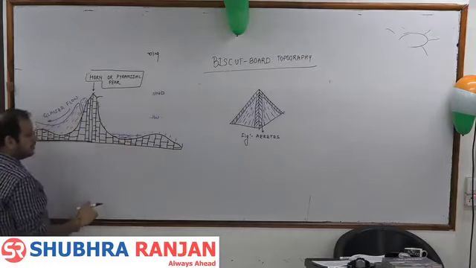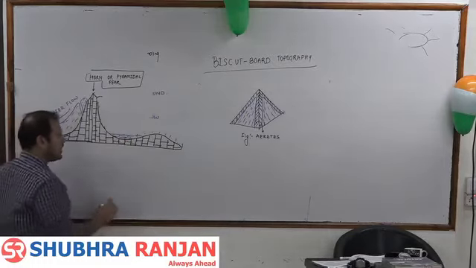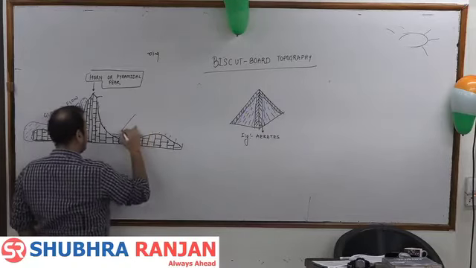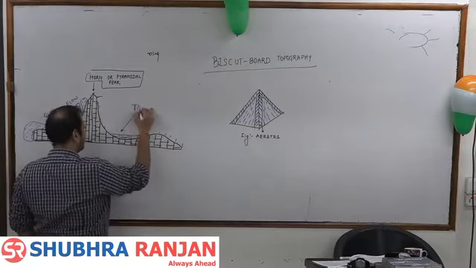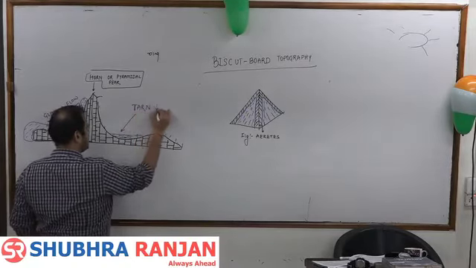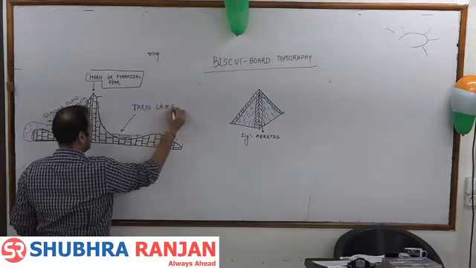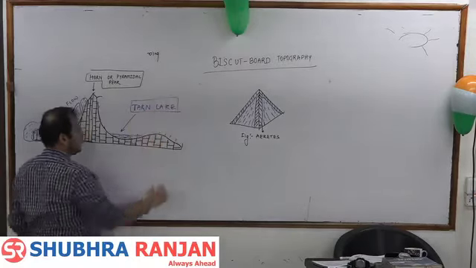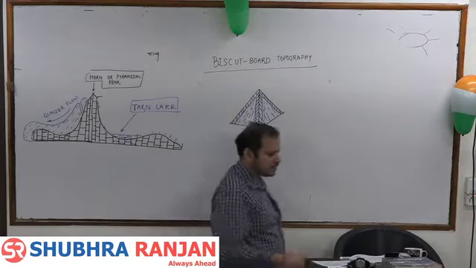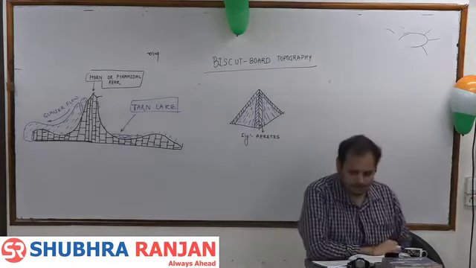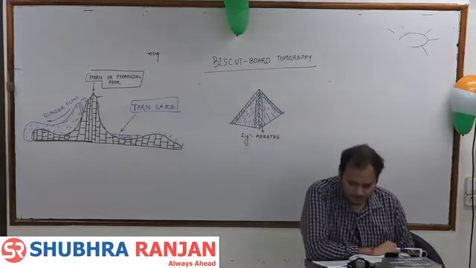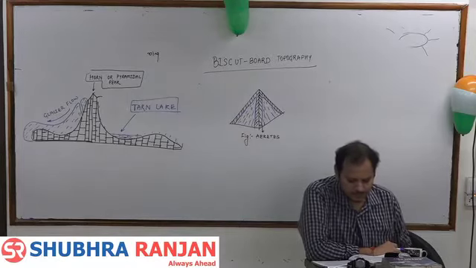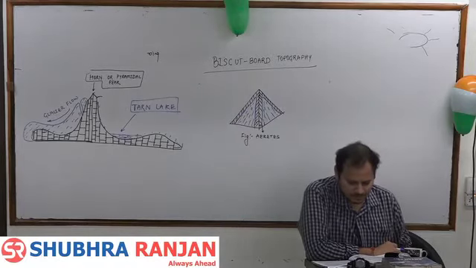So after the melting of the glacier, a lake is formed in the cirque known as Tarn Lake.